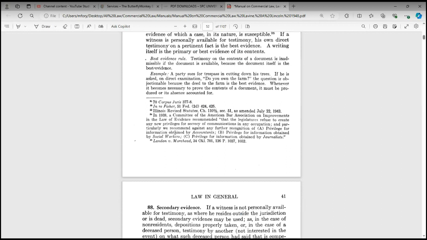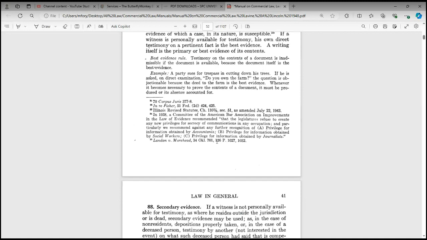And particularly, we recommend against any further recognition of A, privilege for information obtained by accountants, like Illinois, and B, privilege for information obtained by social workers. C, privilege for information obtained by journalists. They want them all talking.